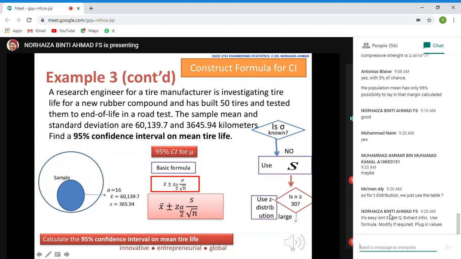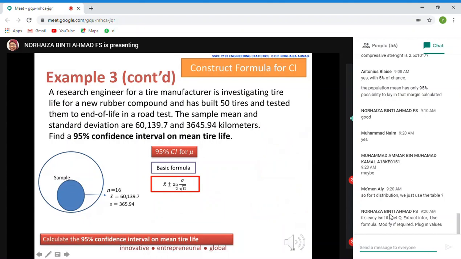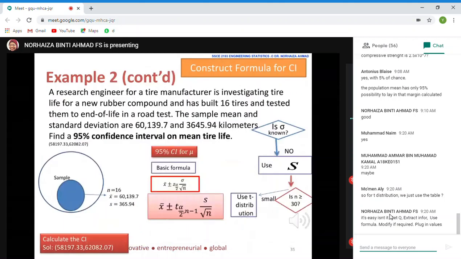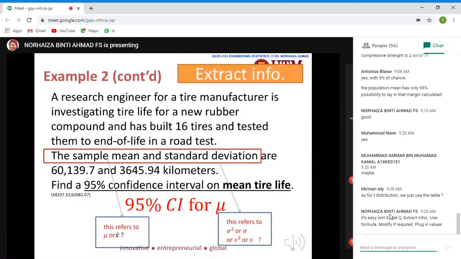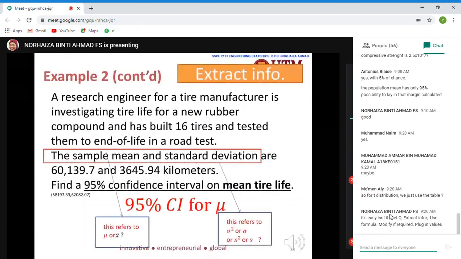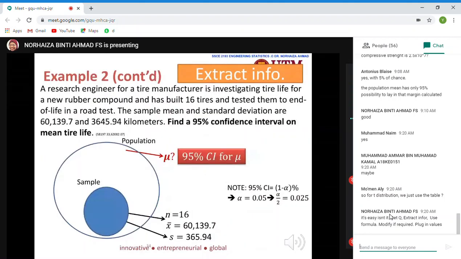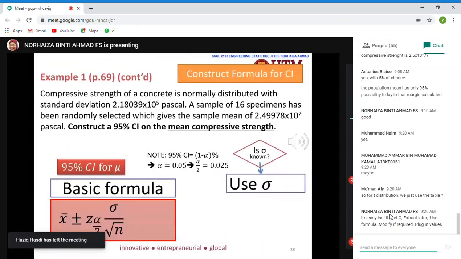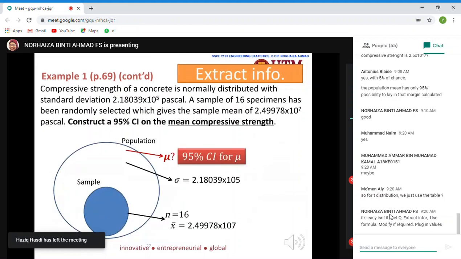So, for example, let's say in the first example just now.